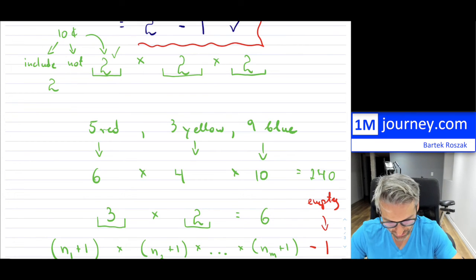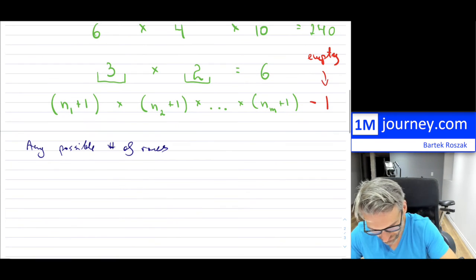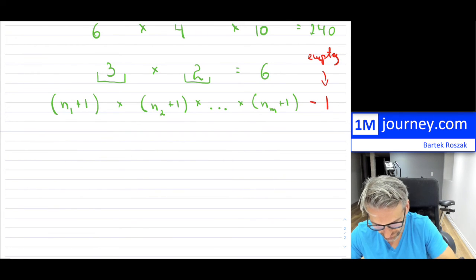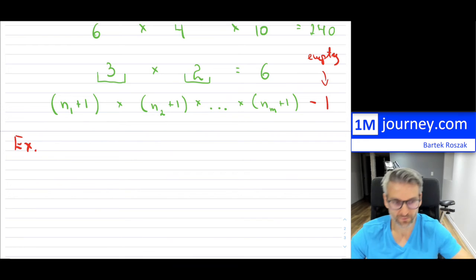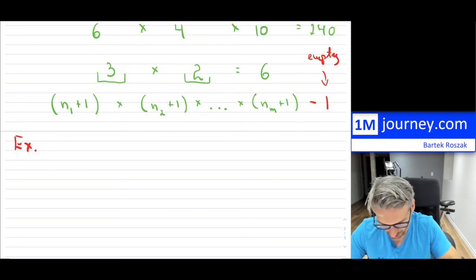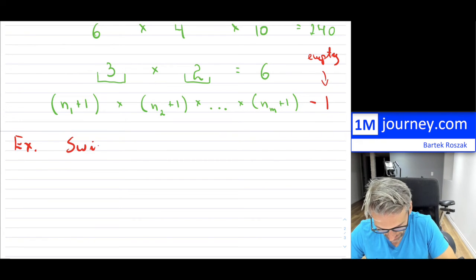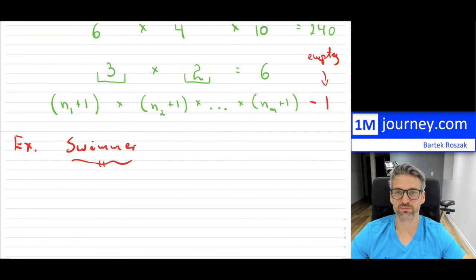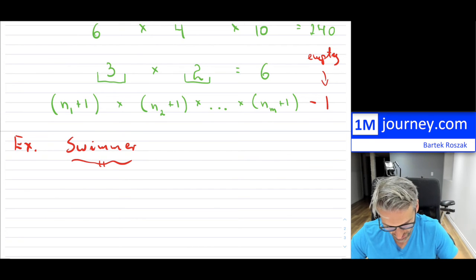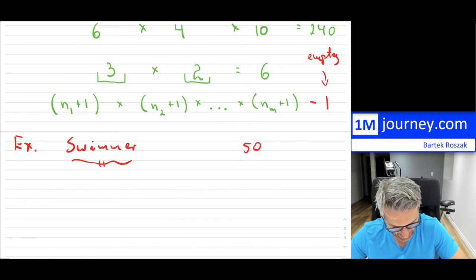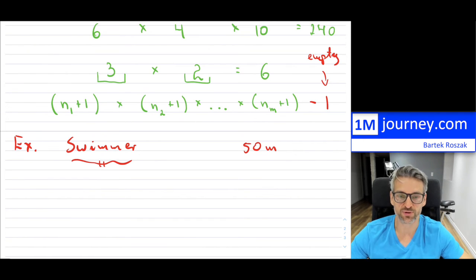So let's imagine that we have a swimmer. And that swimmer's coach is going to be entering this swimmer into a competition. And the competition has, let's say, 4 different styles of races. Maybe it has a 50-meter freestyle swim.